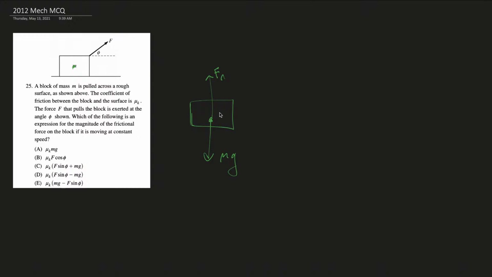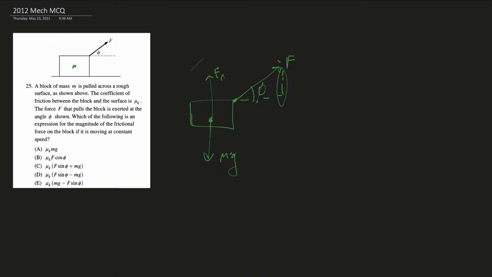So because we're applying a force in this direction, the only force that the normal force experiences is the difference between mg and the vertical component of this. The reason is because F sine phi, right, helps the normal force, so it doesn't have to push up as hard because this is already decreasing mg by a certain amount.